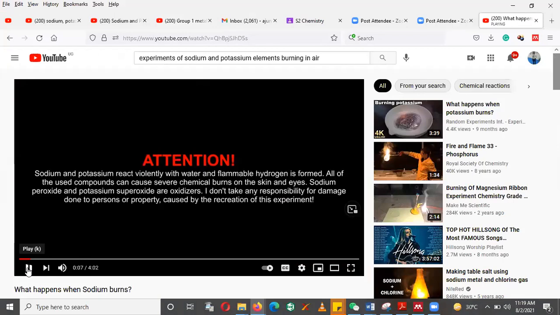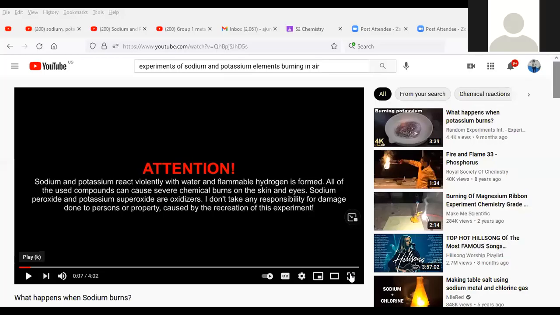Potassium reacts violently with water. And flammable hydrogen is formed. All of the used compounds can cause severe chemical burns on the skin and eyes.